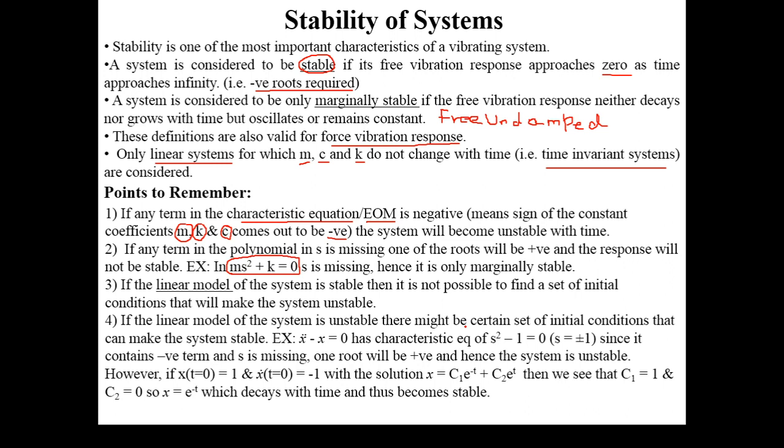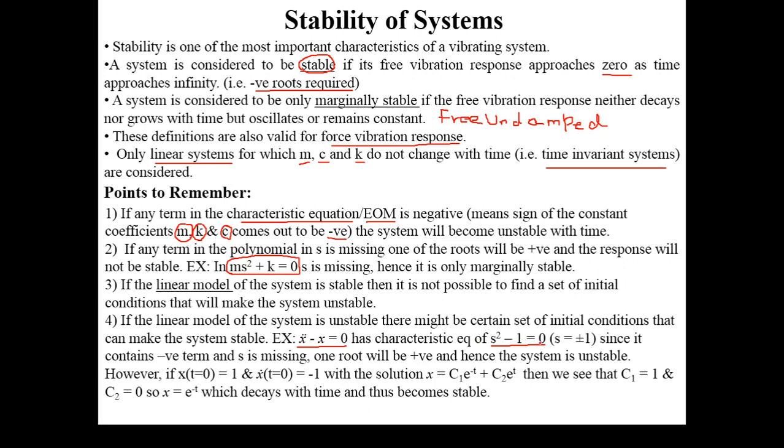Now, for example, consider this equation of motion, and this equation of motion will have a characteristic equation of s squared minus 1 equals 0, because x double dot can be converted to s squared. Then there is no x dot appearing, so s is missing, right? And this is a constant, 1.